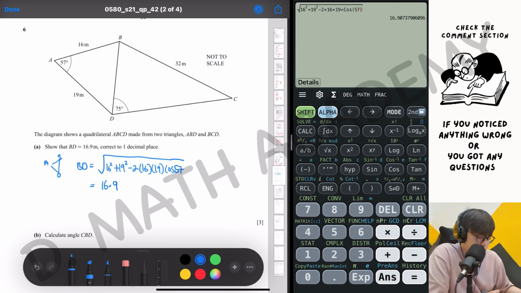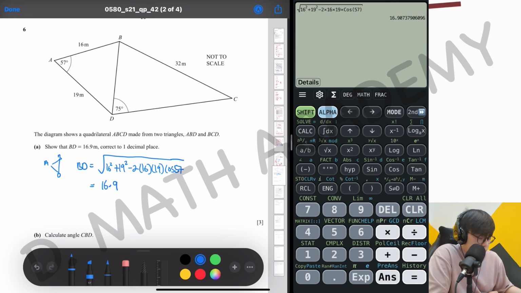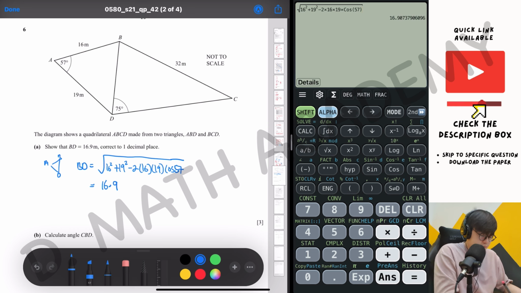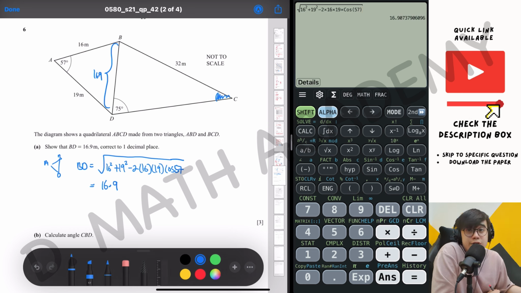With this, you're required to calculate CBD next. Since you already have the degree here, and you have the distance here, this is 16.9. You can actually check this part first using your sine rule. Then only you take 180 degrees minus all the balance there to find your final answer.